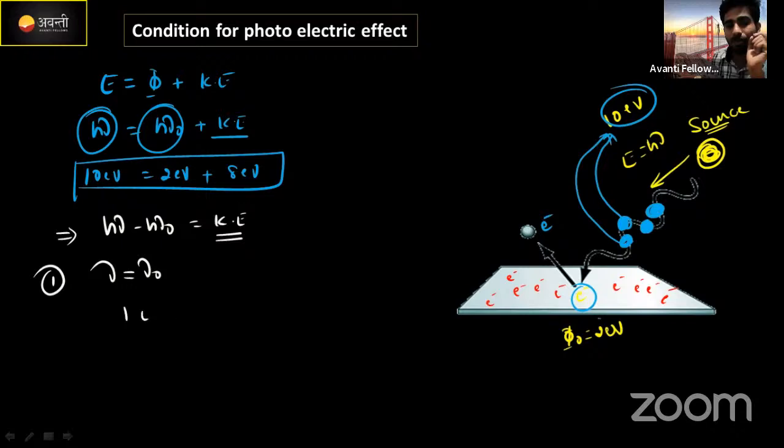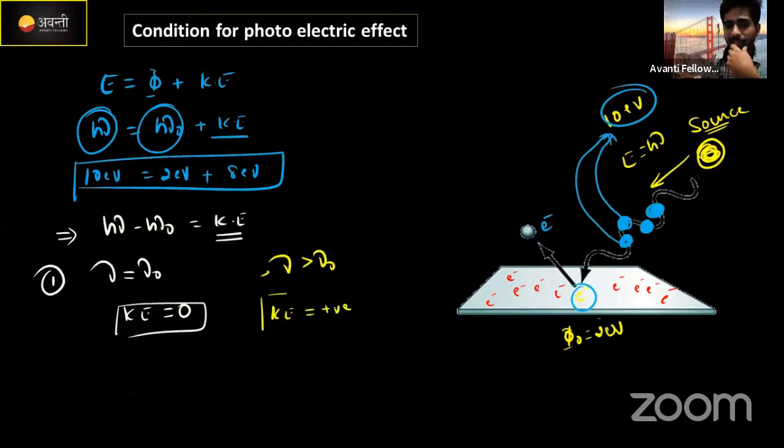Yesterday I told you the kinetic energy will be 0. Second: if the applied frequency is greater than the threshold frequency, meaning we apply 10 electron volt but the threshold is 2 electron volt, then the kinetic energy value will become positive.